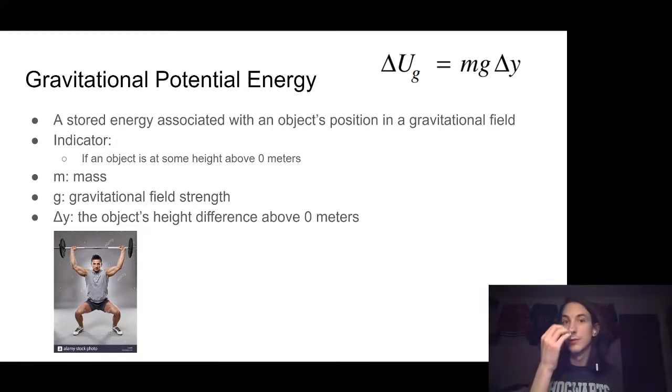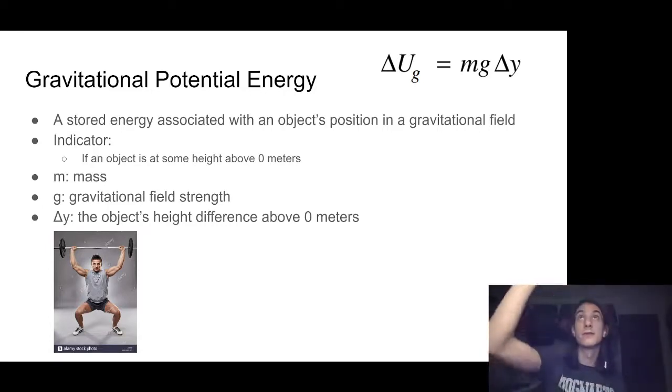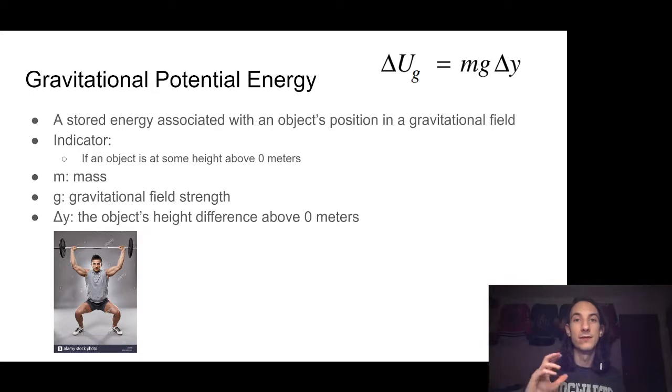Then we can say it has this potential energy. So we're referencing it to something, to say, what's its height above something? And usually we'll just call our lowest point 0 meters, and then say, what's its height difference from 0 meters? Is it a meter above 0 meters, 2 meters? What's its height difference above some 0 position?